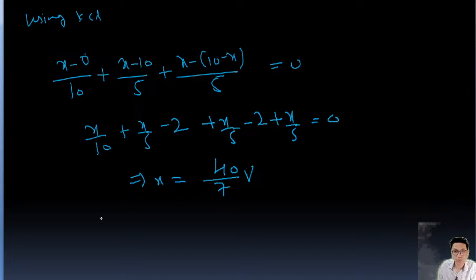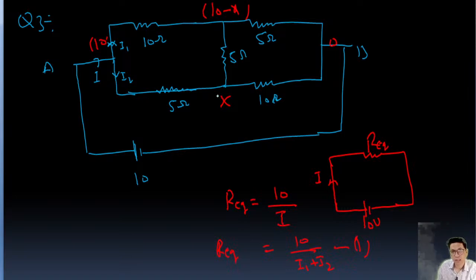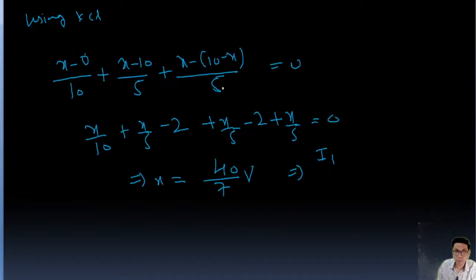So I1 value here, this is I1, guys, and this is also I1. So I1 is X minus 10 upon R, right?